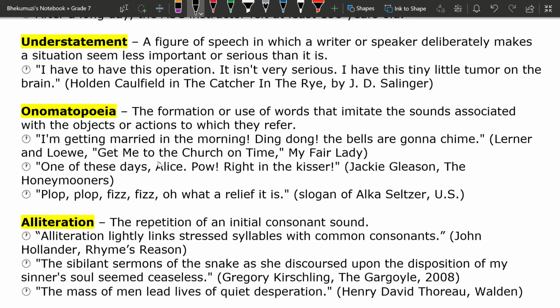Ding dong is this figure of speech giving us the idea that it's the wedding bells. And one of these days, Alice, pow, right in the kisser, right? Pow meaning punch, and so you could imagine what this means. It just imitates the sounds associated with the objects or actions that have been done.